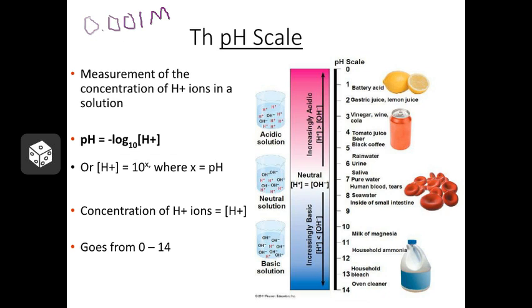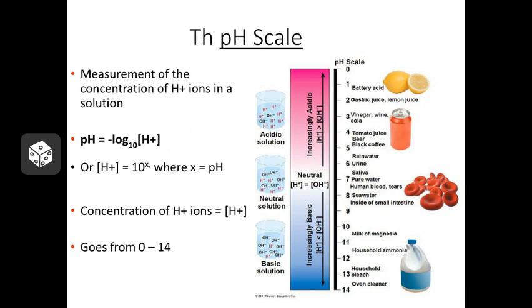Now, we could simplify that and say that it's 10 to the negative 3 molar. That's a little easier to understand, but still kind of hard to wrap your head around. If you take that number and you put it into this formula, it's going to tell you that the pH is equal to 3. 3 is a number that's easy to understand. So that's the reason that they use this complicated formula, is because it takes these big crazy numbers and turns them into numbers that are easy to understand.